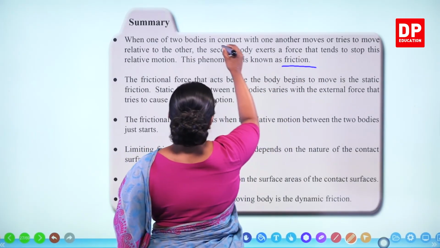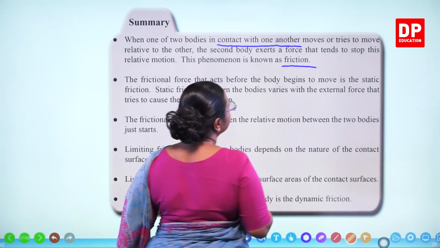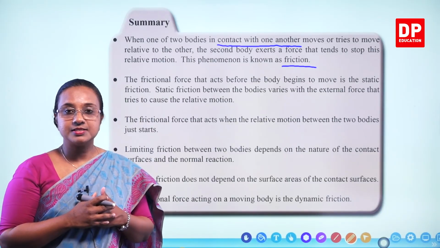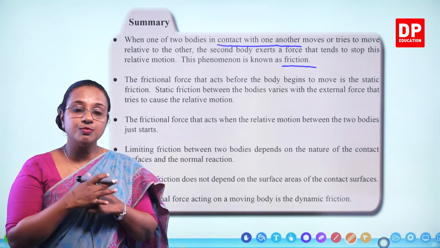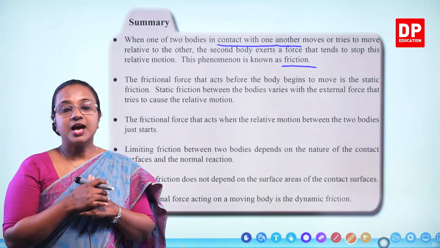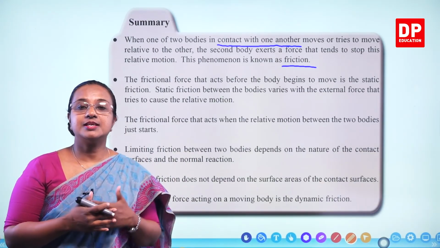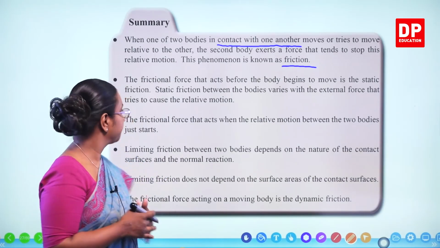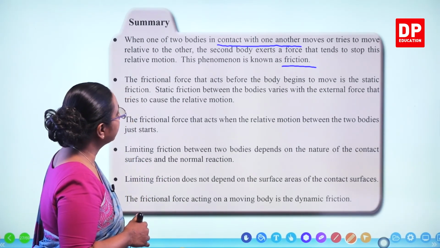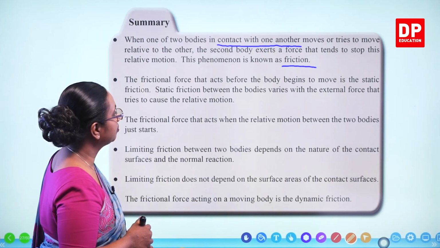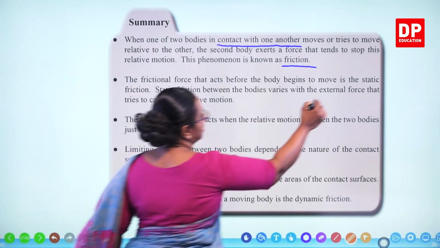So here we need to have contact with one another. There should be two surfaces. When one tries to move on top of the other or relative to the other, the second surface exerts the frictional force. The frictional force that acts before the body begins to move is the static friction.